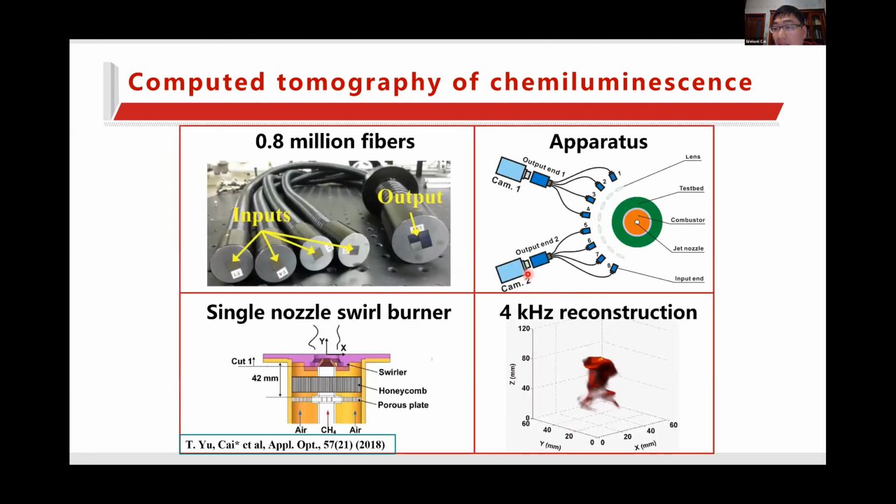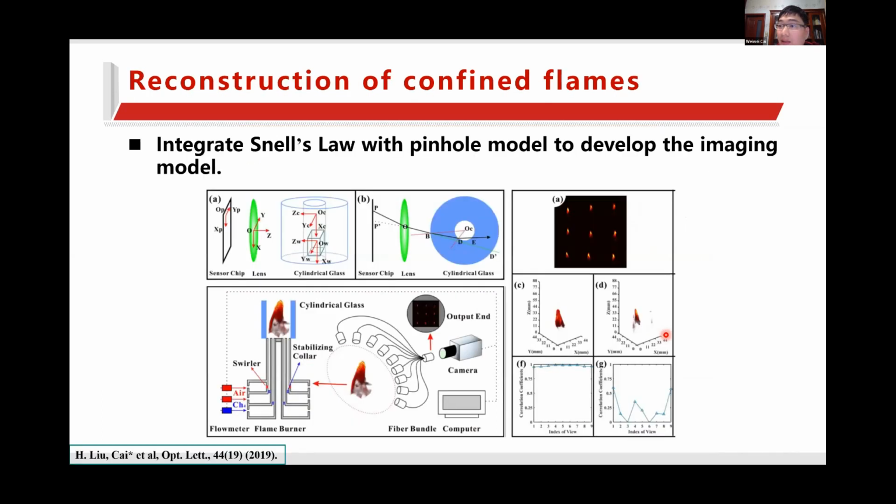Based on the principle of tomography, we did some measurements of swirl flames. This is a high-speed swirl flame measurement at 4K, so this is already a 4D measurement. One challenge is that when we study thermoacoustic instability, we contain the flame within a cylindrical glass, and sometimes at high pressure, the cylindrical glass is really thick.